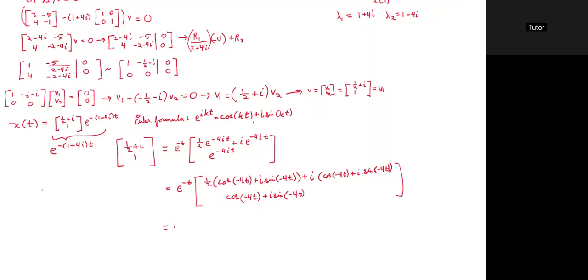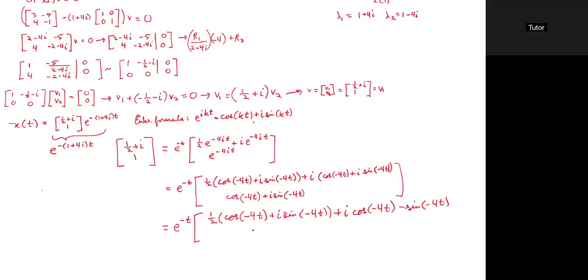So now simplifying this further, we have e to the power of negative t times, inside the matrix, 1/2 cosine negative 4t plus I sine negative 4t, and then distribute the I inside the parentheses, so plus I cosine negative 4t, and then I times I is I squared, which is negative 1, so negative sine negative 4t.